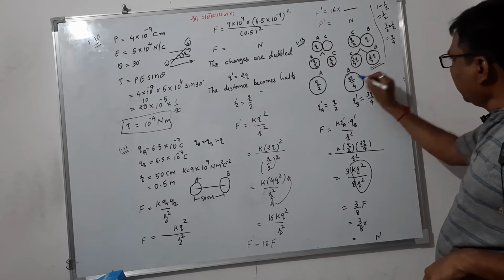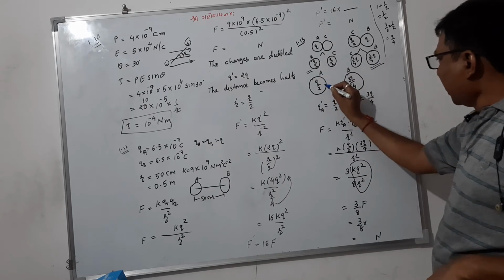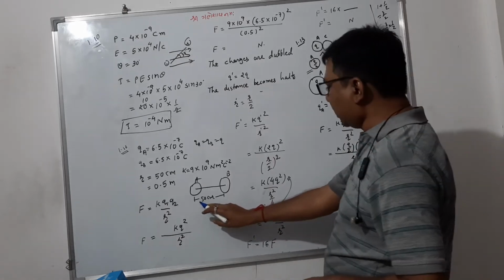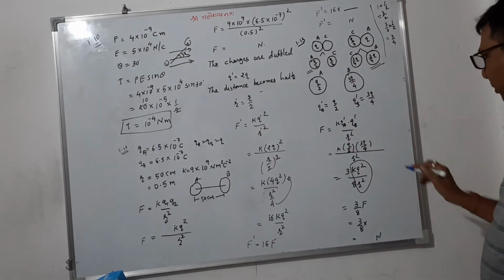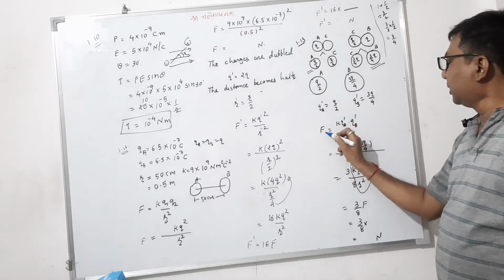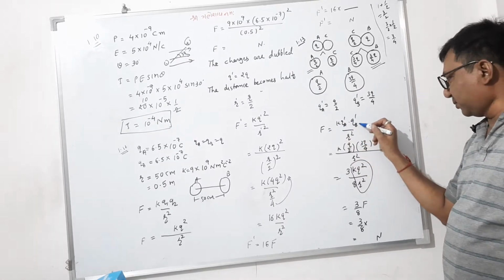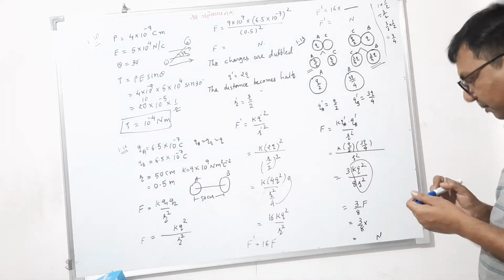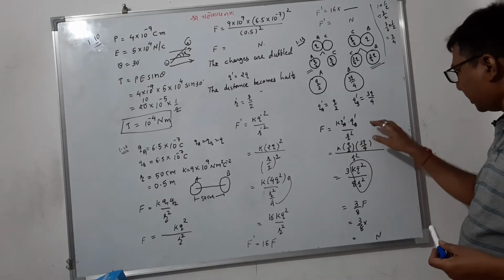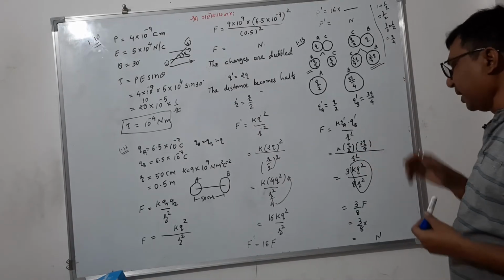So this B and this A have the same distance again. So you can write F is equal to K QA dash QB dash upon R square, but QA dash is equal to Q by 2, QB dash is equal to 3Q by 4.